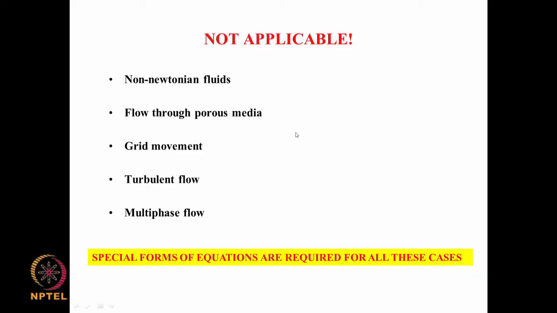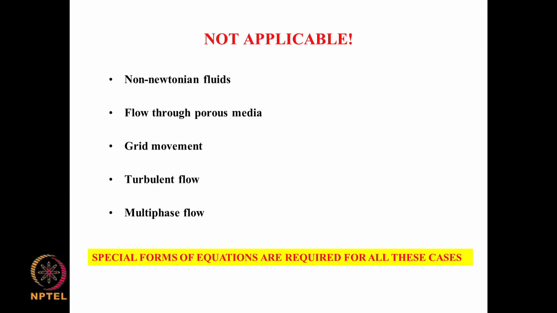You can have interconnected pores of varying cross section and all that. So that requires a special treatment, and that treatment is not there in the equations that we have derived. For example, and similarly grid movement calls for extra terms which are related to the velocity of the grids.